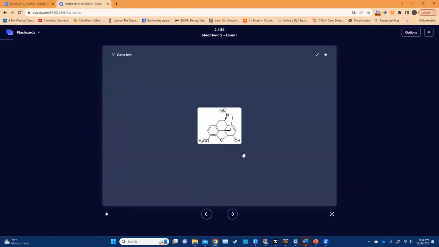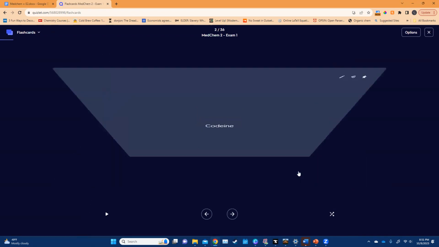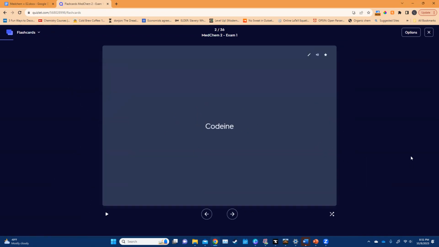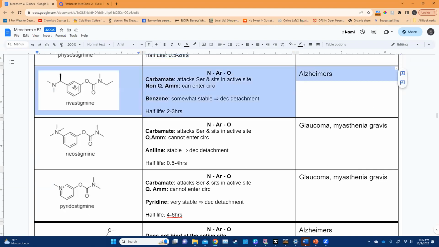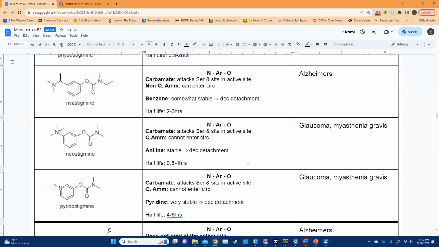And so this is codeine. Honestly, just all the information that is in a row is what I would say. If you can get this on a flashcard, that's all you really need. Different stuff like that. Okay, sweet.